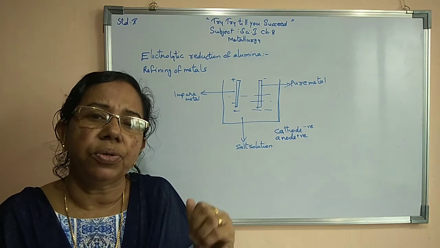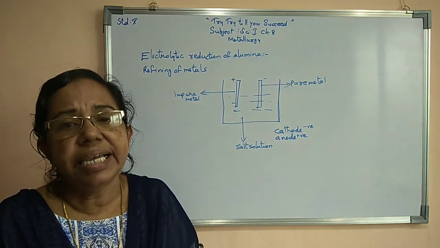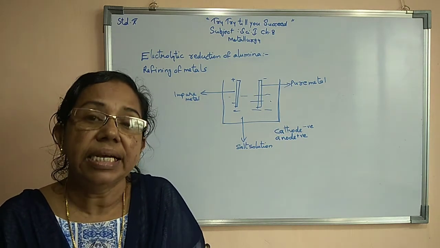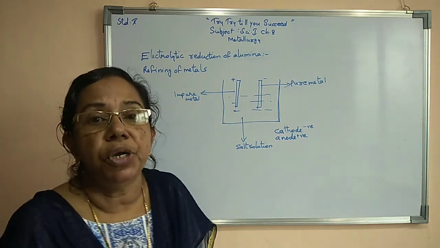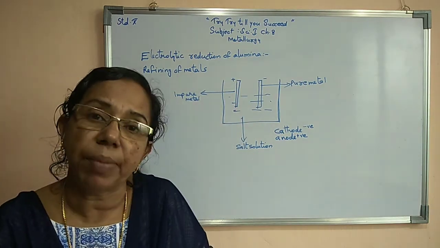Again, that thing we have to refine. So the aluminium we already collected as a result of electrolytic reduction will be the impure metal, that will be the anode.